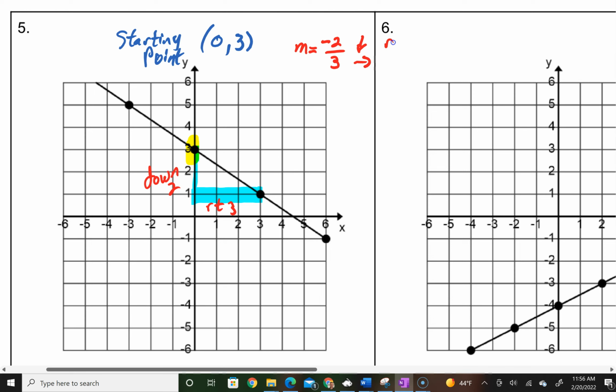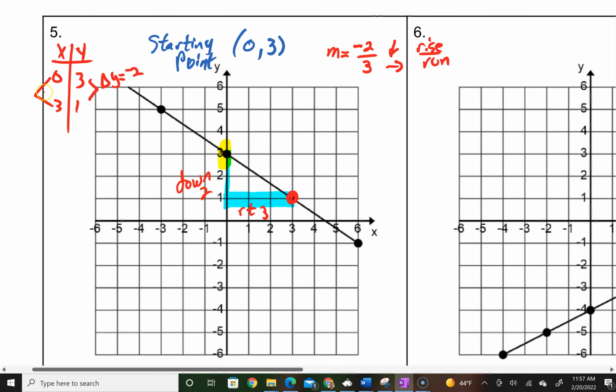Slope is rise over run, and in this case our rise is indicating to go down. It's your change in y over change in x. I do want to say this much too. You could get that same idea from a table. Look, if I just went to 0, 3, this starting point, and then if I came over here to 3, 1, you could see that your change in y, you're going down 2.